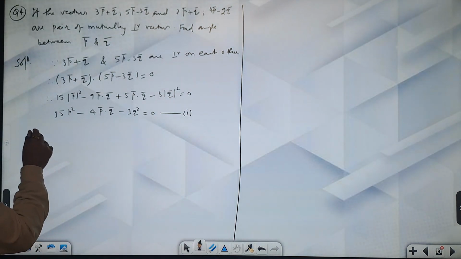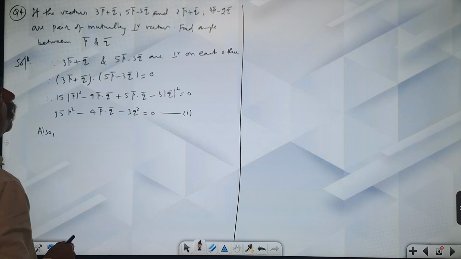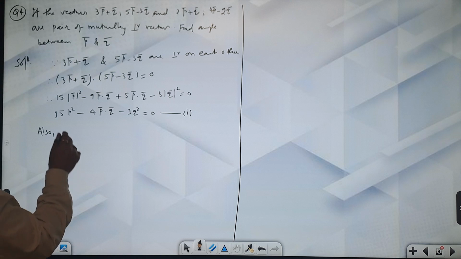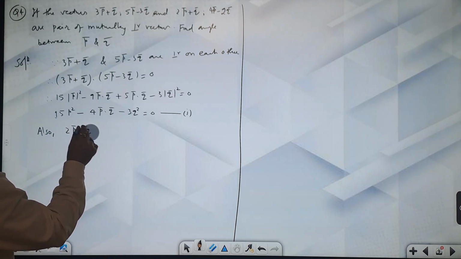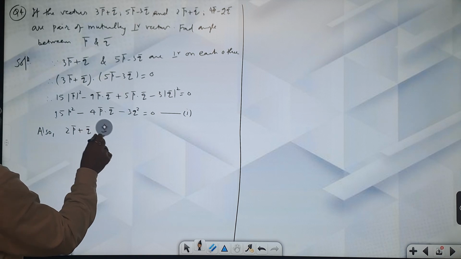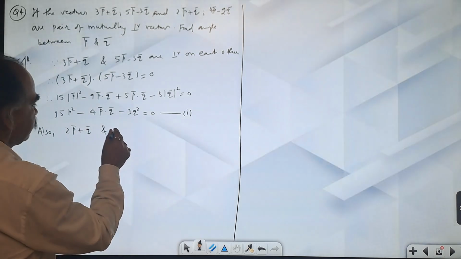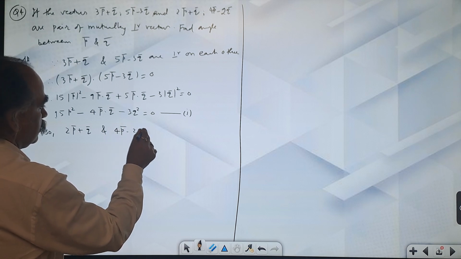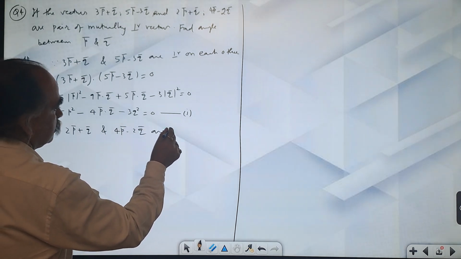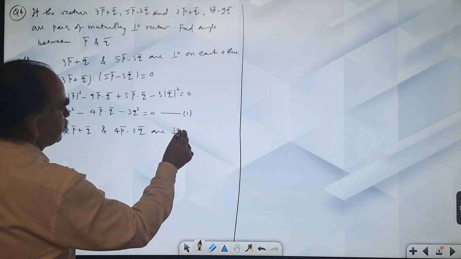Also, 2p plus q and 4p minus 2q are perpendicular on each other.